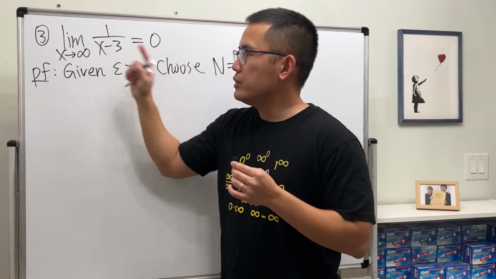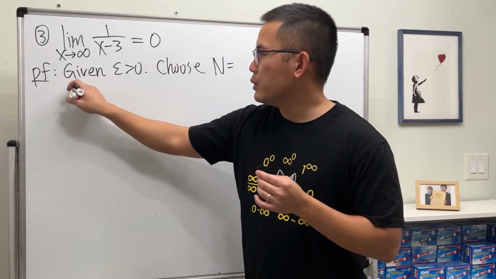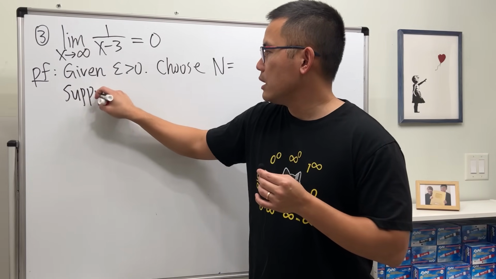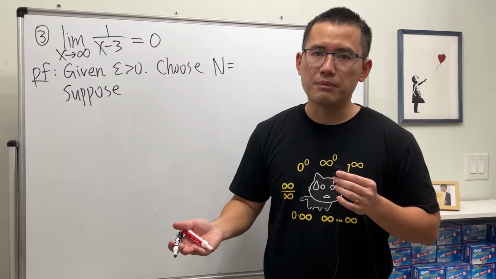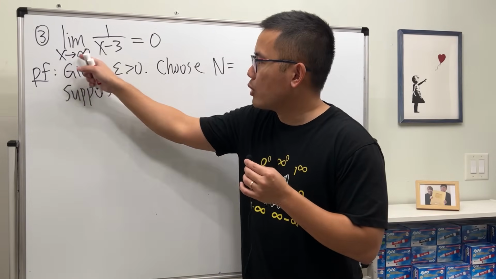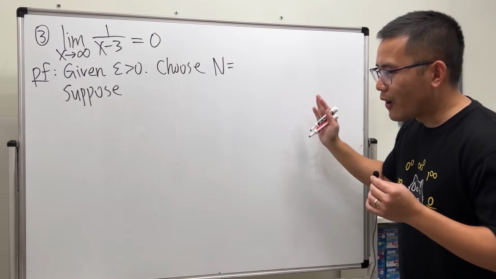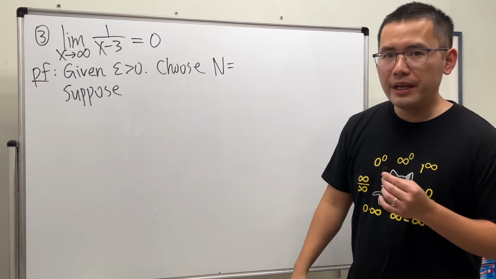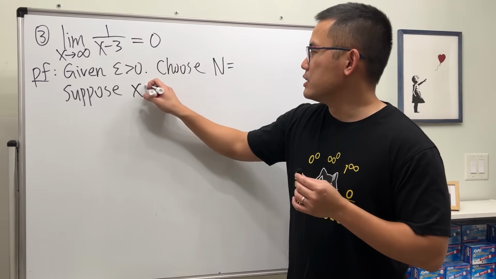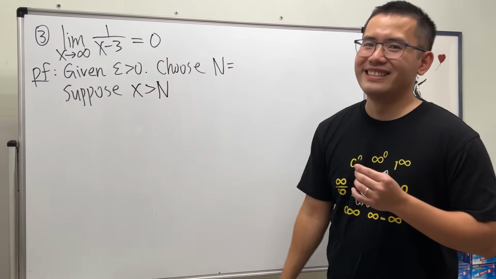When x is approaching infinity, we are going to write down suppose. But don't say the absolute value of x minus infinity. That doesn't make sense. X approaching infinity means that x is going far, far, far to the right. X is big enough. How big? X is greater than N, that big.